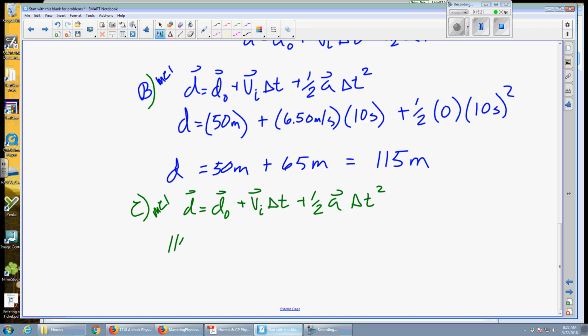It ends up at 115 meters, started at 0, its initial velocity was 0, and it moved for 10 seconds. 1/2, I don't know what A is, but I know it moved for 10 seconds.